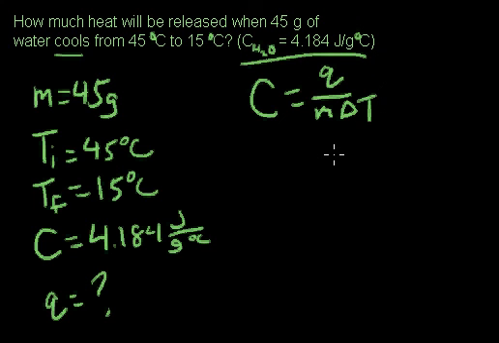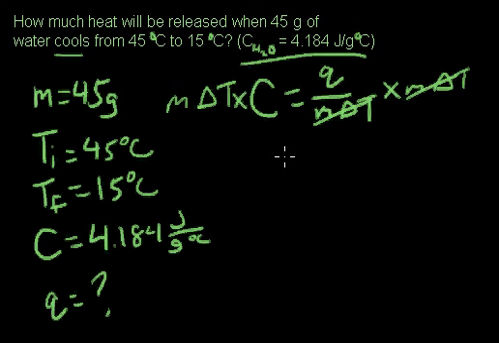Now I'm going to rearrange this in terms of just Q by multiplying both sides by M delta T. And what I'll end up with when I do this is a very common equation that you'll see many times, which is Q, because Q is left by itself now, equals M C delta T, which kind of looks like Q equals MCAT, except the A is actually a delta sign.